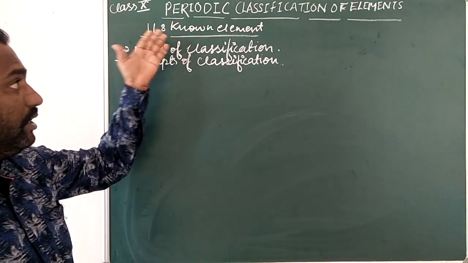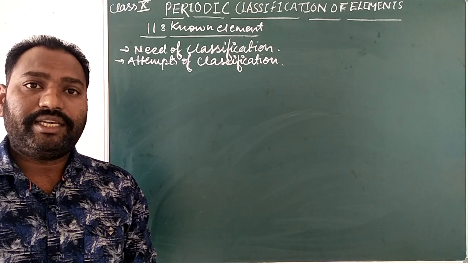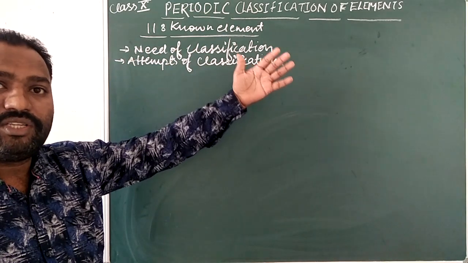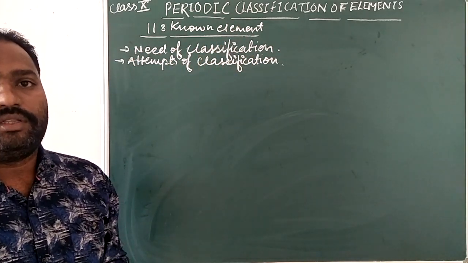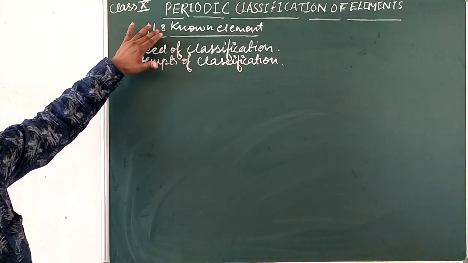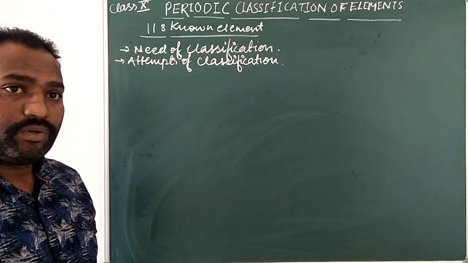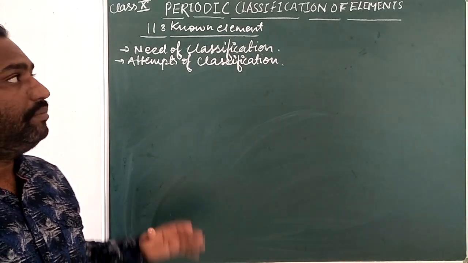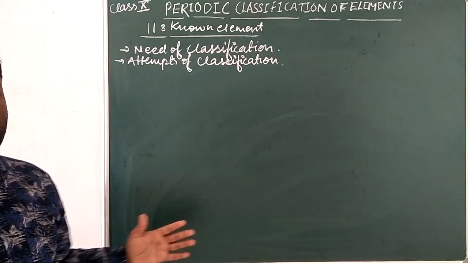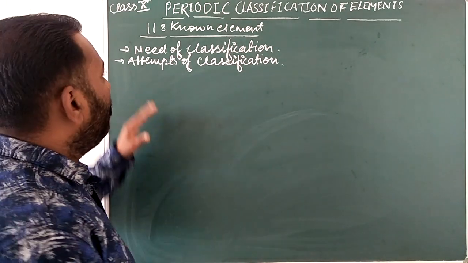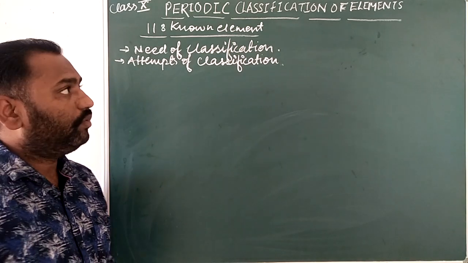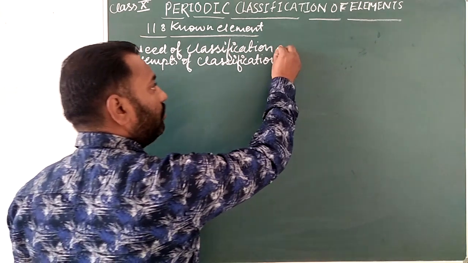We have 118 known elements, and if we have to study them, we have to classify them. In early times not all 118 elements were known; they were discovered by scientists from time to time, and in the coming few years the number may increase.